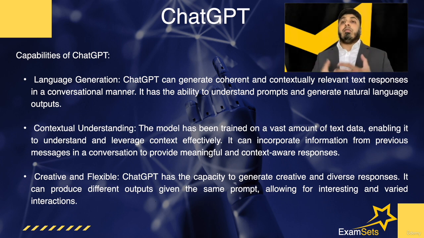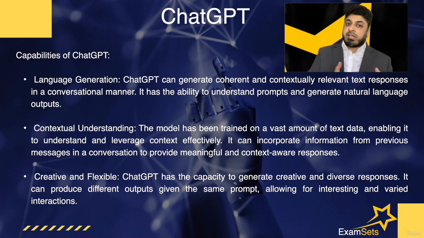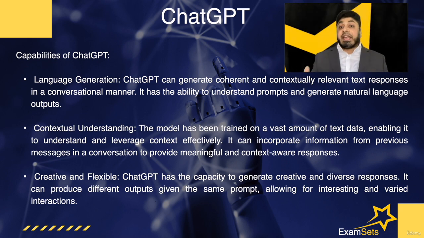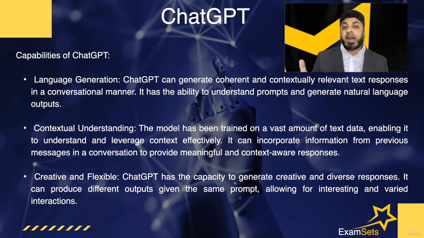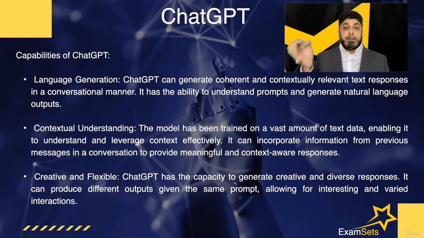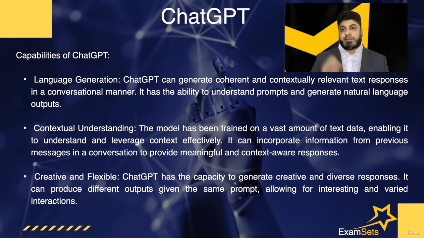Then only will we be able to clarify the meaning of that particular word, because meaning will change based on the context. It can incorporate information from various messages in a conversation to provide meaningful responses. That is very important, right? What you get as a response should be meaningful and contextually aware.